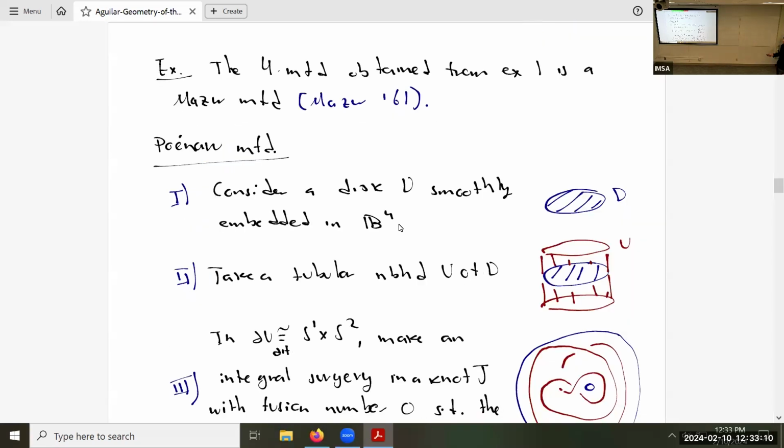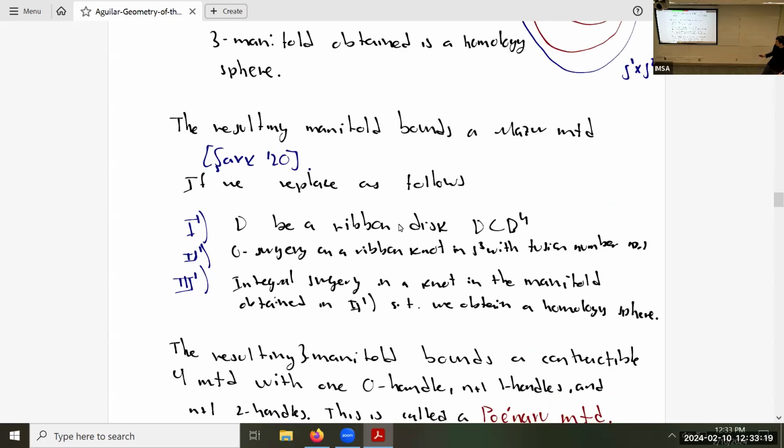And then in the second point, I was telling you that you can do zero surgery in the knot to obtain this. And here we can make zero surgery in a ribbon knot, some generalization of this, and we can admit some fusion number. This is n bigger than 1.